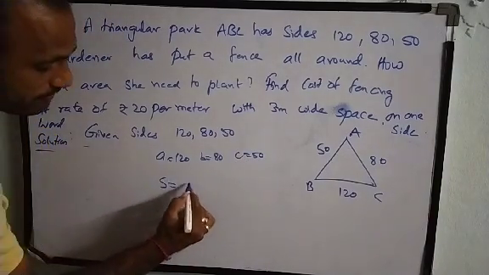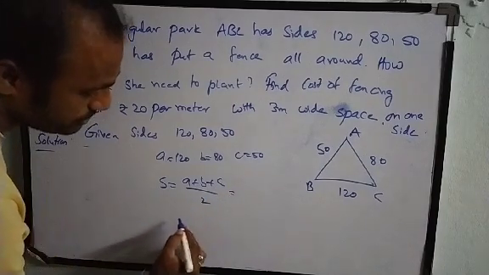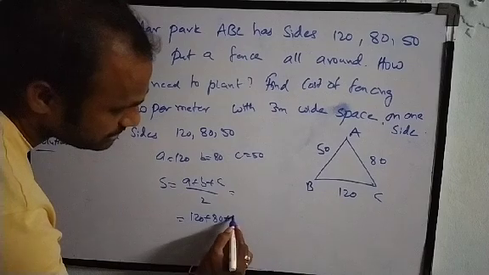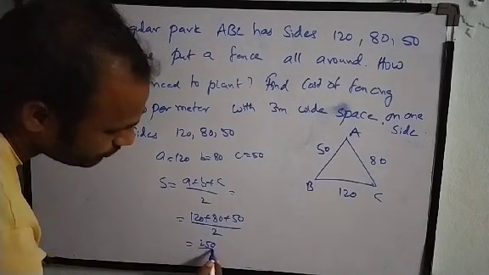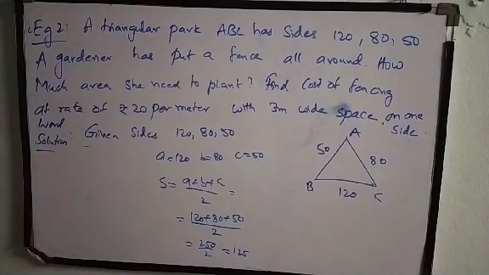So the semi-perimeter S equals A plus B plus C by 2, 120 plus 80 plus 50 by 2, so 250 by 2, which is 125. So the semi-perimeter is 125 here.